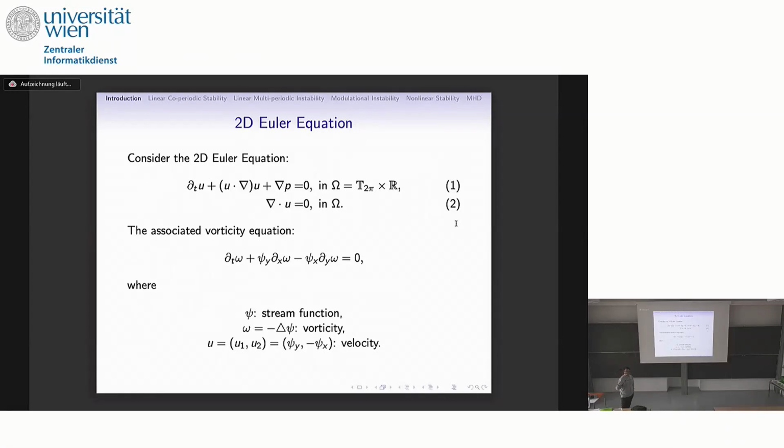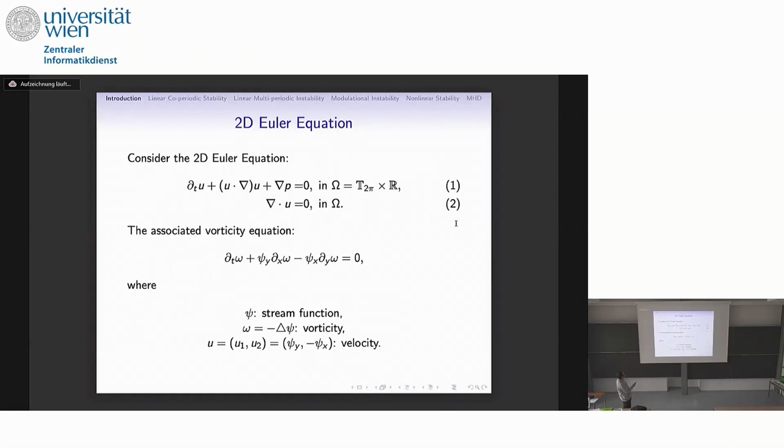I think every one of you should be quite familiar with this equation, so maybe I'll skip trivial details. For this Euler equation, we can take a vorticity form.